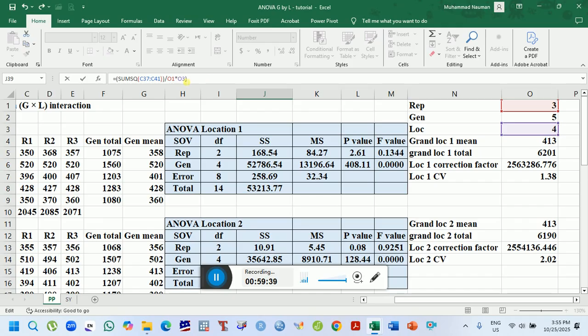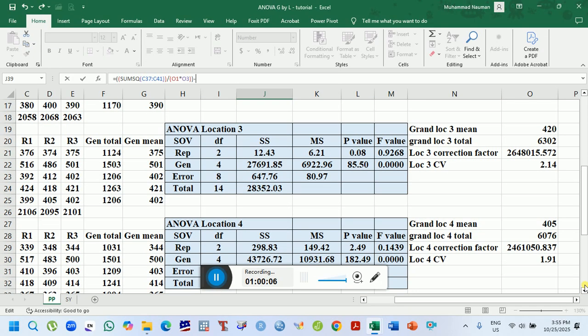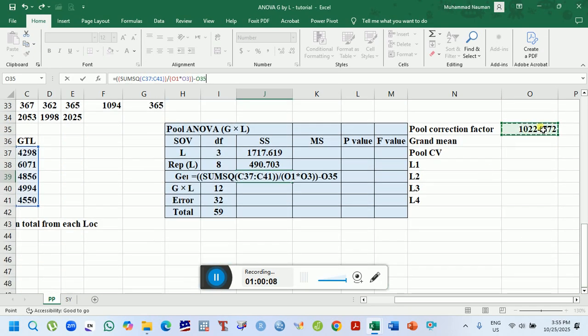Put this in one bracket again, and this whole term will be closed in one bracket in order to subtract it from the correction factor. Minus the old correction factor.